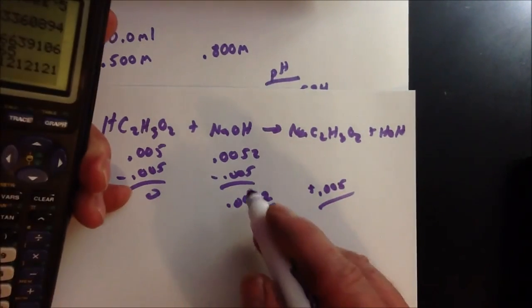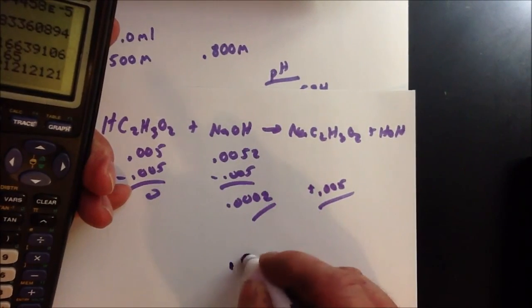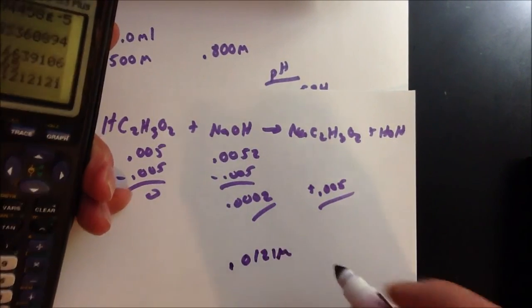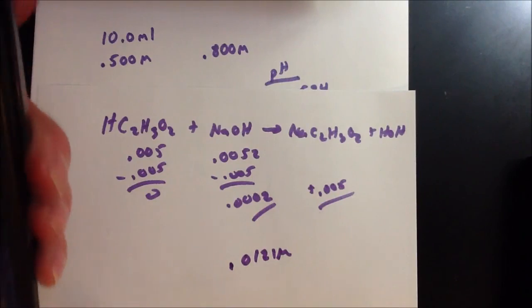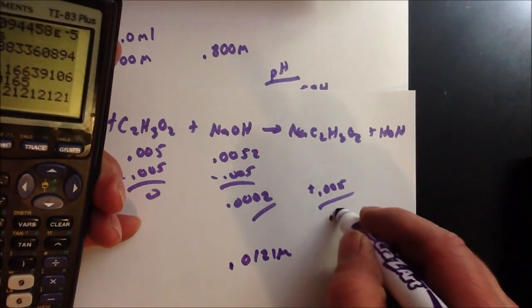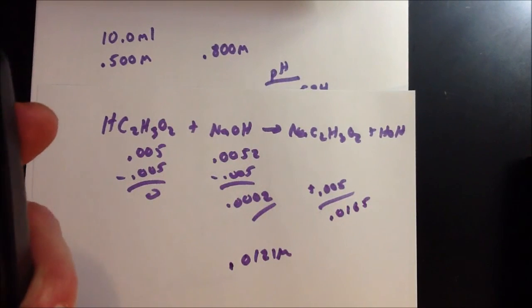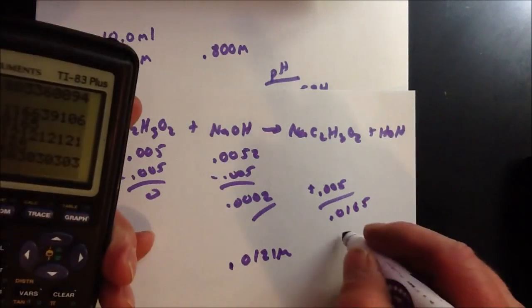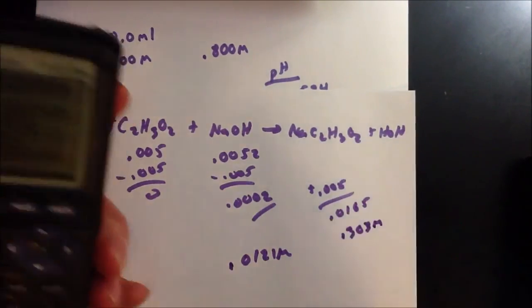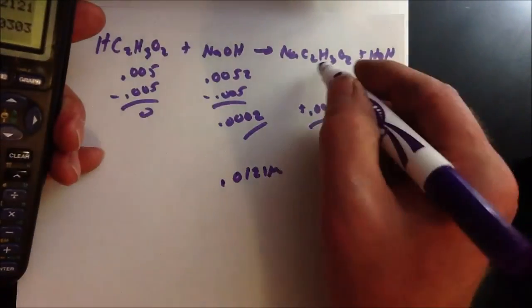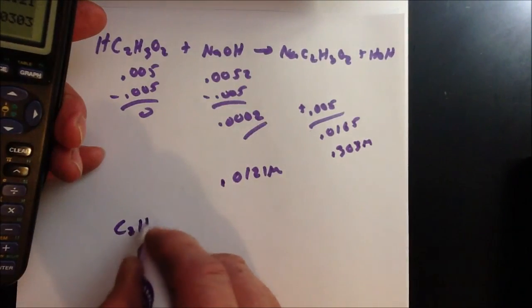And I get a concentration here of sodium hydroxide equal to 0.0121 molar, which is the hydroxide ion concentration. Now I'm going to do this real quick, 0.0165. And I get 0.303 molar. In theory, we can still do this as a base.